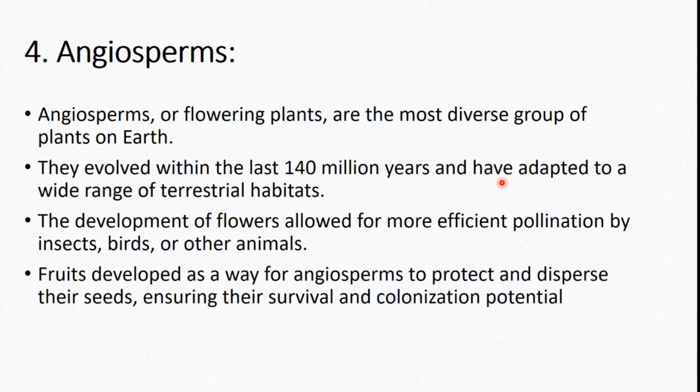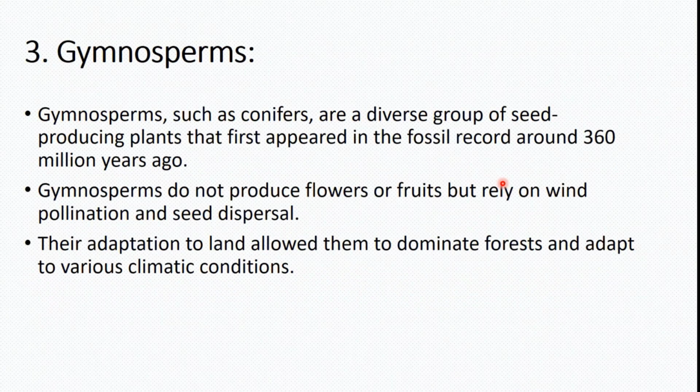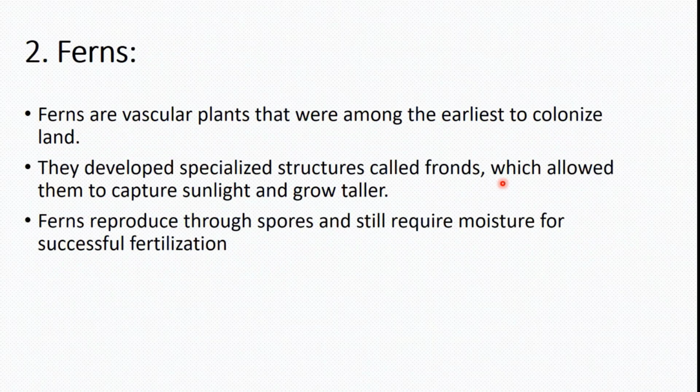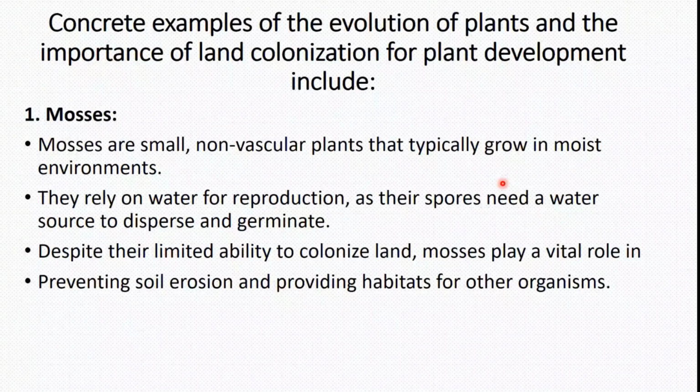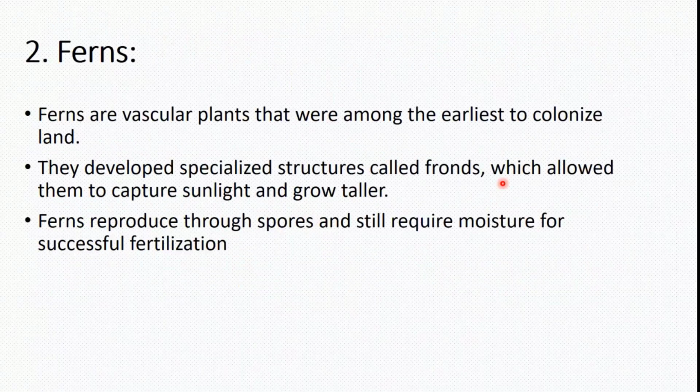And also the angiosperms. Angiosperms, or flowering plants, are the most diverse group on planet Earth. So you see the description of this terminology: the gymnosperms are the diverse seed-producing plants that first appeared in the fossil record, the ferns are the vascular plants that were among the earliest to colonize the land, and the mosses are the small non-vascular plants that grow in moist environments.